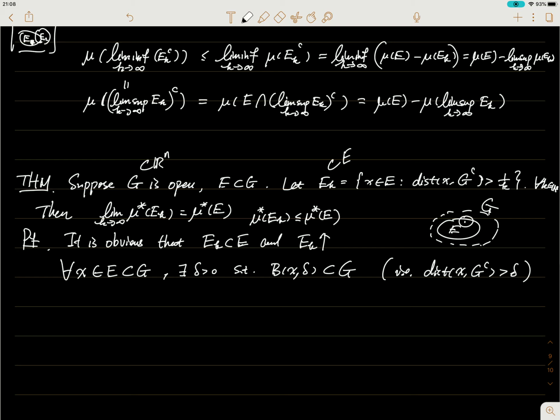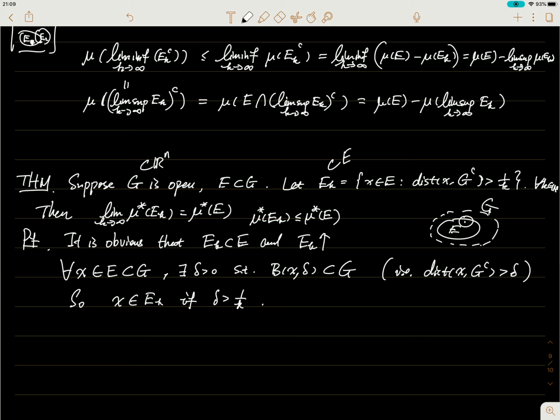Well, if it's bigger than delta, then for K large enough, 1 over K will be smaller than delta. And that means X will be in the EK. So X will be inside the EK if K is sufficiently large such that delta is bigger than 1 over K. Right?